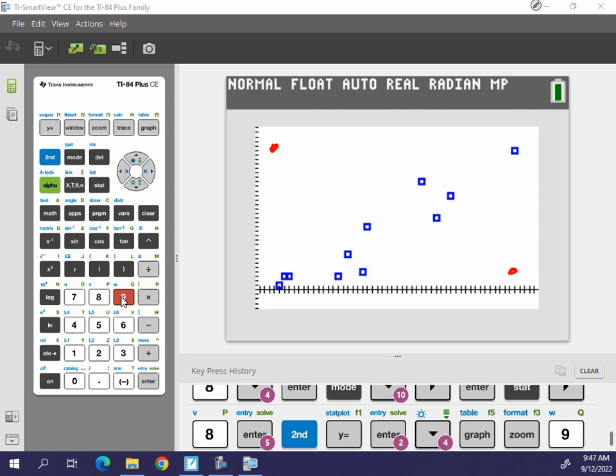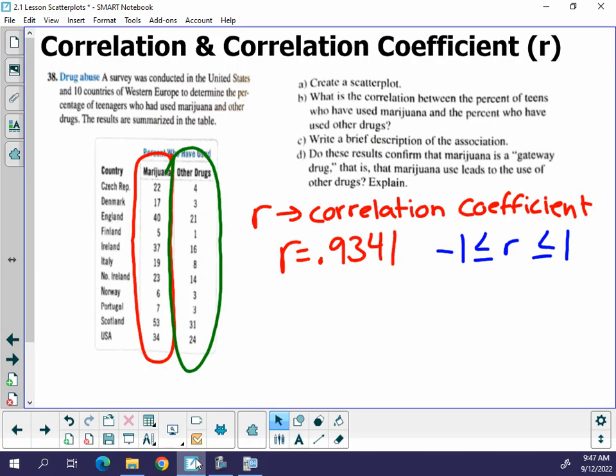That would kind of mess with the rest of the data points. And so we don't have any outliers. It looks like our data is linear. And so we can say that we have a strong, positive, linear relationship between marijuana use and other drug use. And so it would be appropriate to talk about the correlation between those two things.